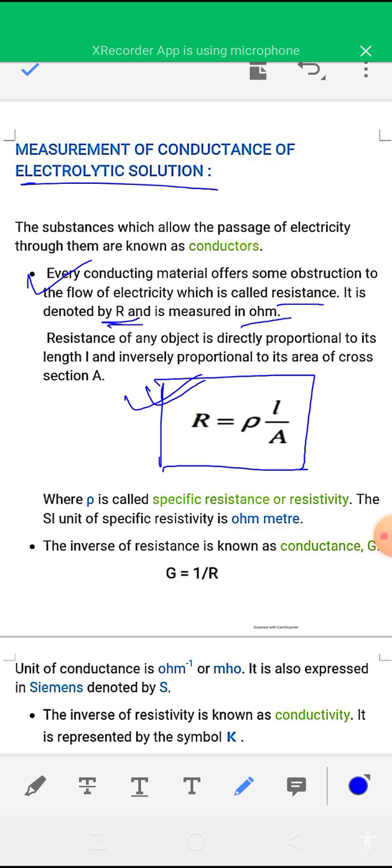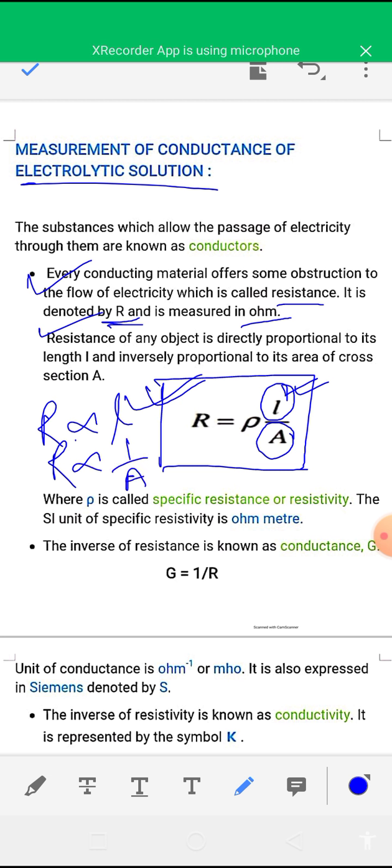The resistance of an electrolytic solution is directly proportional to length L, the distance between two electrodes, and inversely proportional to A, the area of cross section of the electrodes. So you can write R proportional to L, and R inversely proportional to A.